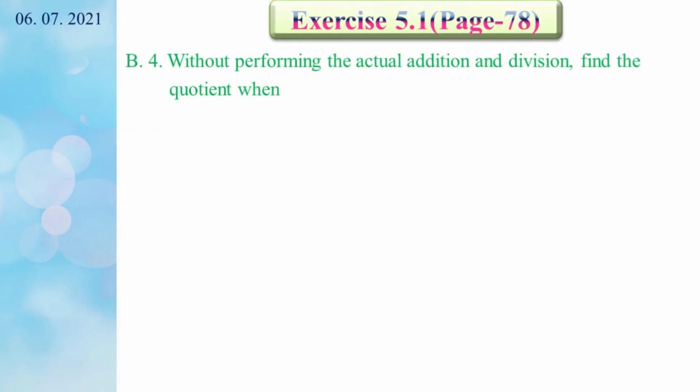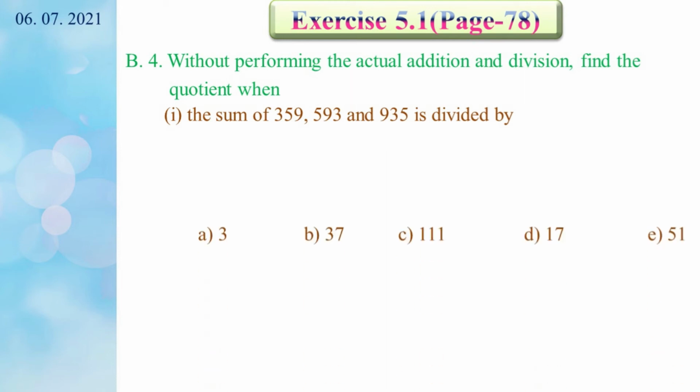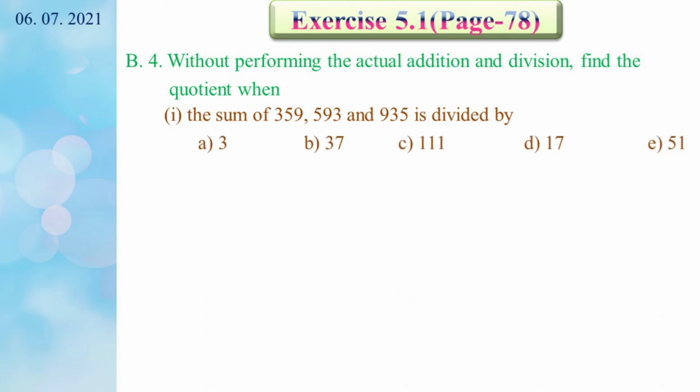Now we see the exercise sum, fourth sum. Without performing the actual addition and division, find the quotient when the sum of 359, 593 and 935 is divided by 3, 37, 111, 17, 51.